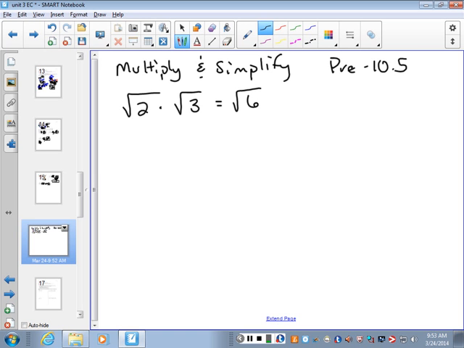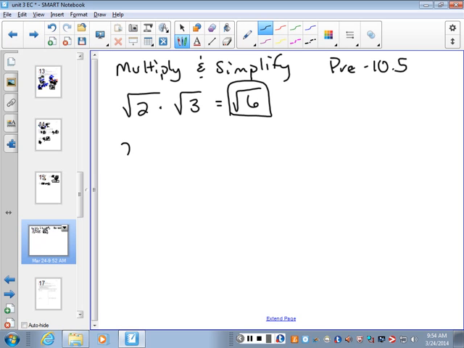It's always multiplication. People like to simplify now, and you're going to try to break these up any way you can. Do any of my perfect squares evenly divide into 6? Well, 1 doesn't count, because if I take a 1 out, it just doesn't matter. That's done. Don't try to simplify everything.